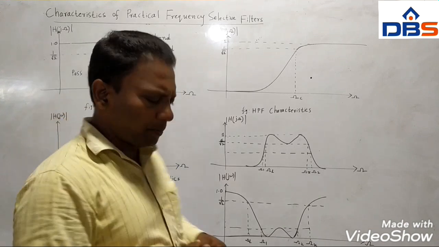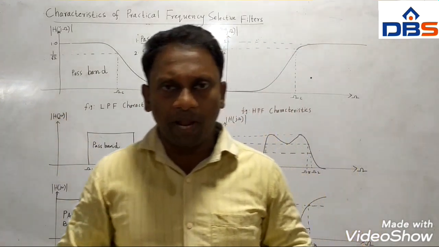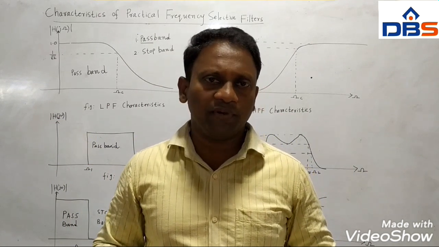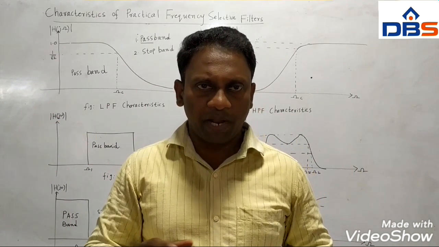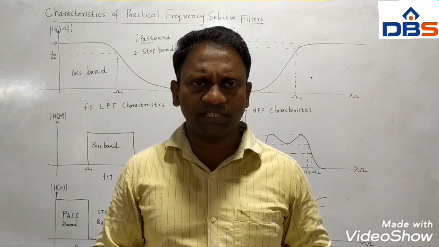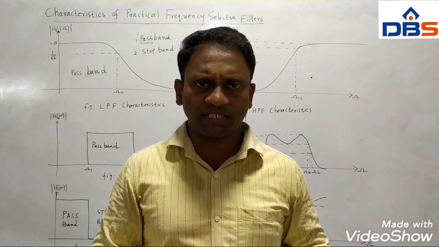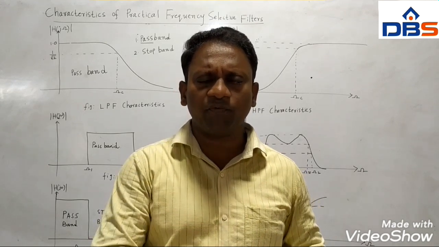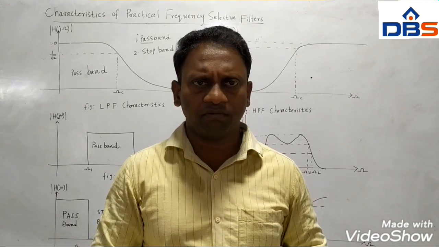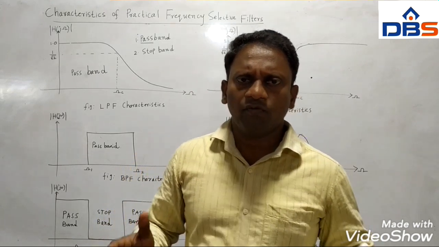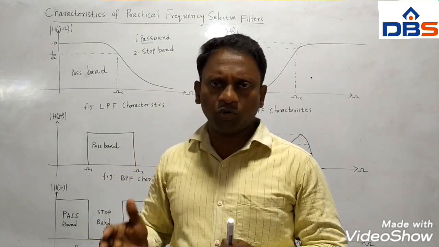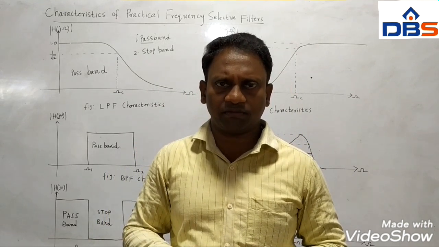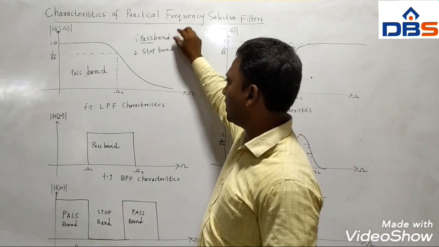Pass band means the band of frequencies which are allowed to pass through the filter, the range of frequencies which are transmitted to the output by applying some frequency at the input side.